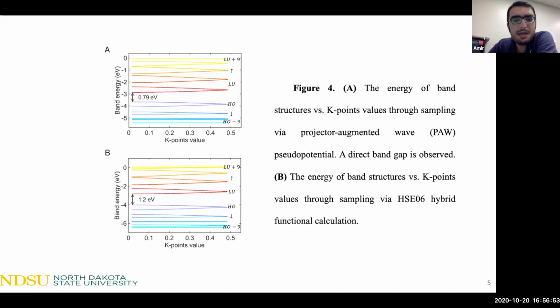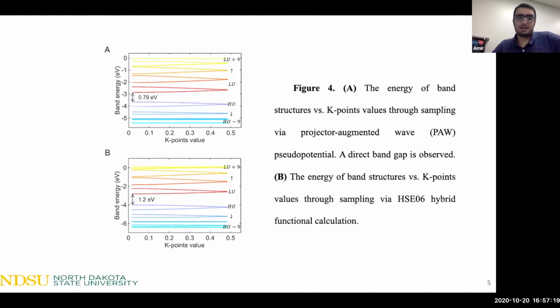Over the k-point sampling, if we consider this value as the band gap, we observe a smaller band gap from the PBE functionals, but for the HSE06, the band gap value is the same as we had in the previous slide.